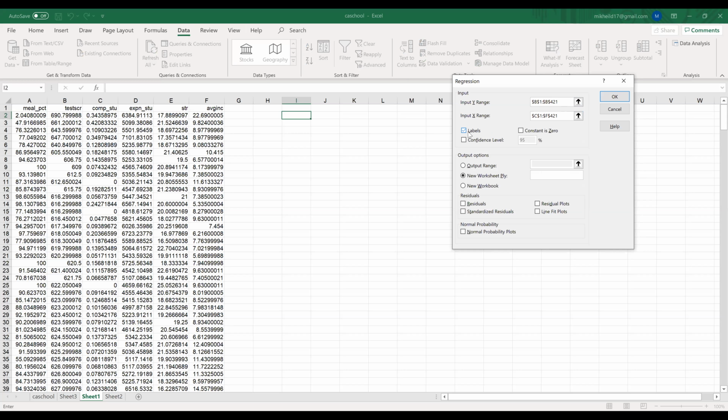Then also please check Labels, and if you click OK, it should work. I'm trying to type the formula. I don't know. It's not working. No, it's not working.